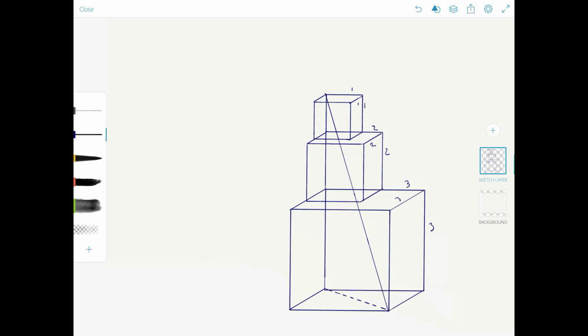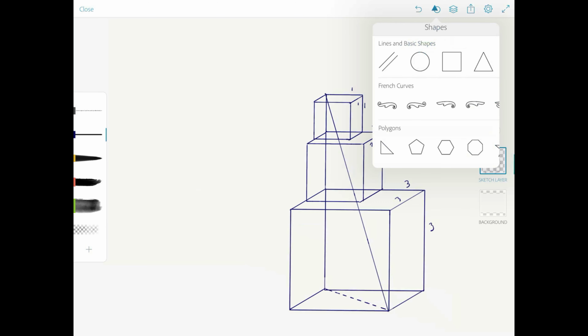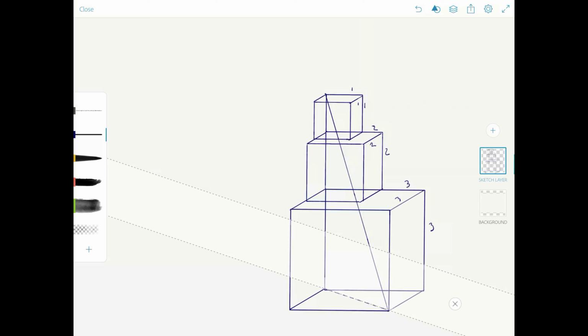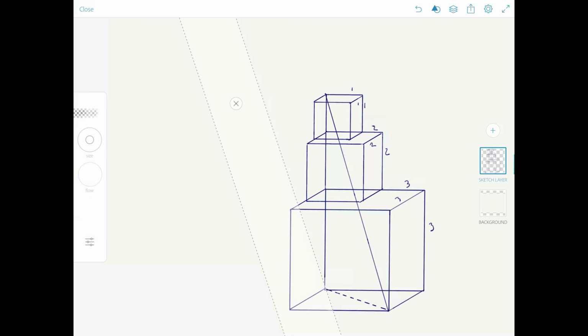Okay, there we go. And I'm just going to draw a dotted line in this position. Make sure we got our pen. There we go. So that gives you the idea.